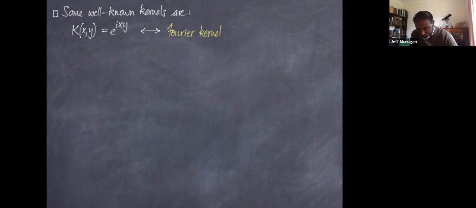On the other hand, if we choose k of, let's say, x and y to be the real exponential, e to the minus x times y, then this corresponds to the Laplace kernel.